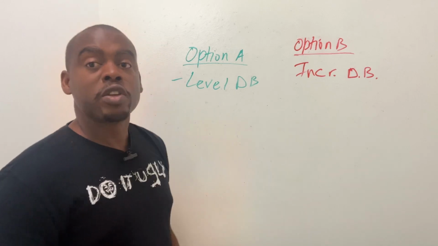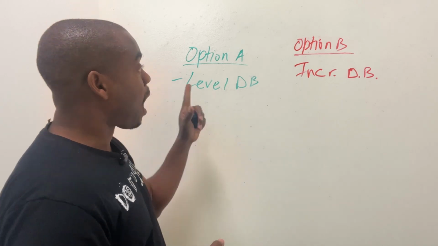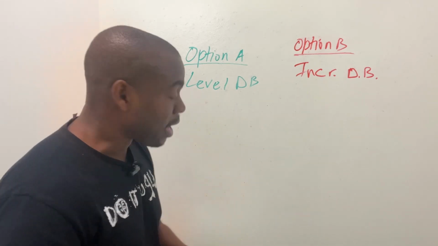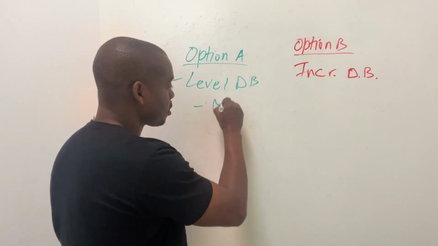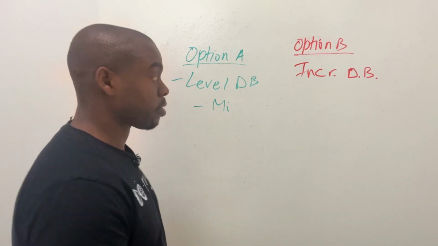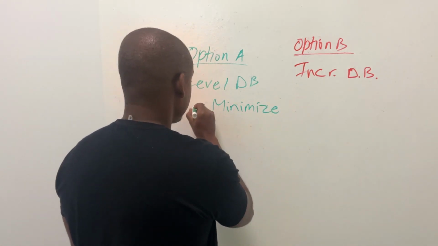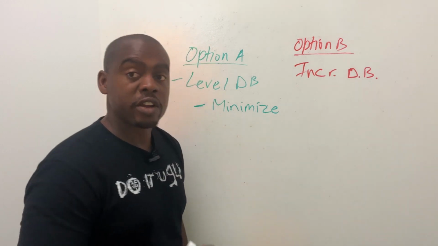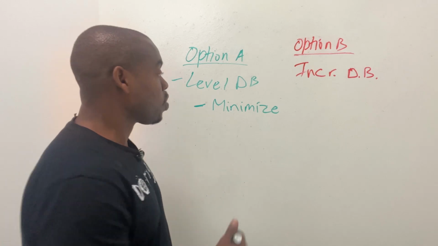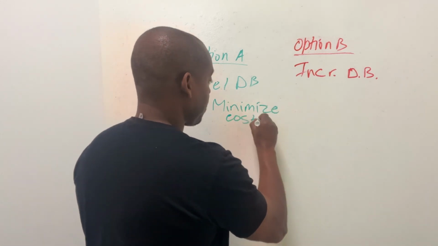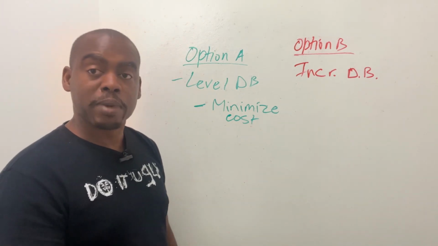Now, which one do you choose? That all depends on what your goals are. For option A, the level death benefit, I would say choose this one if you're trying to minimize costs, because death benefit does cost more. You're trying to minimize costs especially in your elder years, because as you're older, you're going to pay more for the cost of insurance unless you structure the policy to minimize your costs.